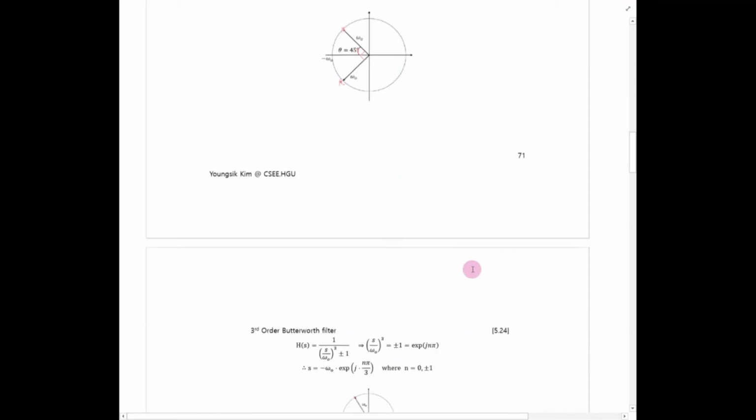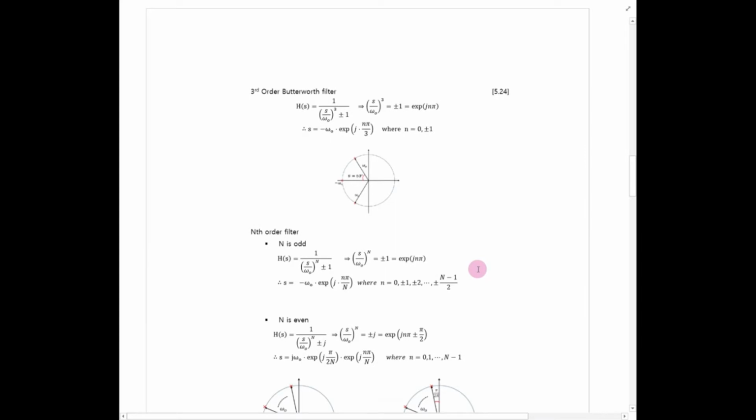We can think of one more thing, the third order filter. This one is an odd one. In that case, H(s) is given in this way. So using the generalized solution, select the stable poles. Stable pole means left hand side solutions. That's the magnitude is this one. The angles are separated this way. 0 is this point, plus 1 is at this point, minus 1 at this point.